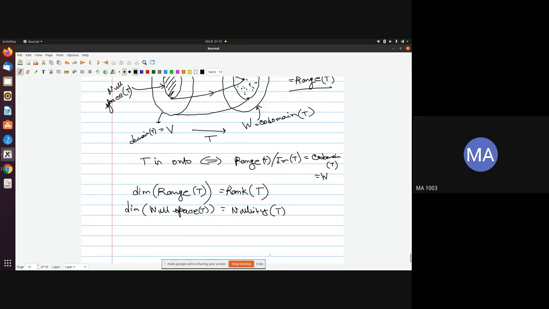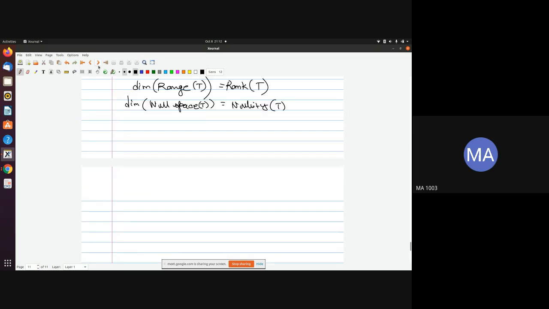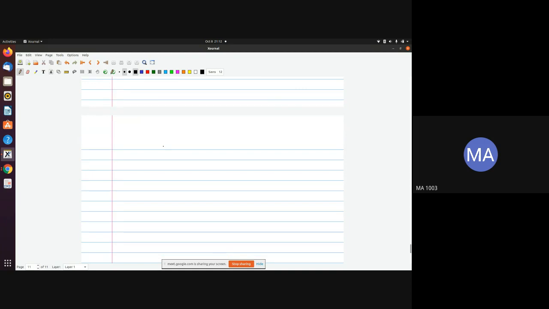So this is what I was about to write next. Let me briefly summarize what I have told you. T from Rm to Rn, so T(v) I can write like Av. Then where is your null space?